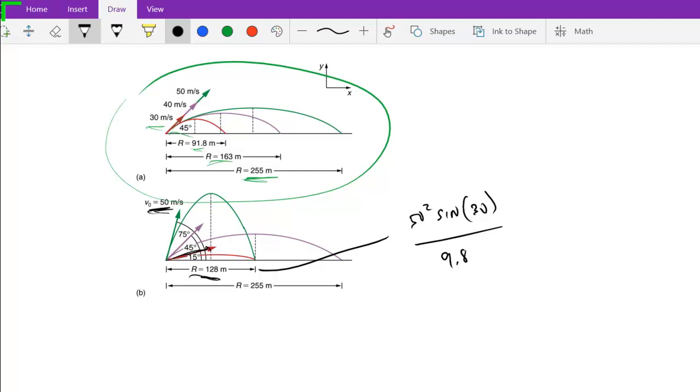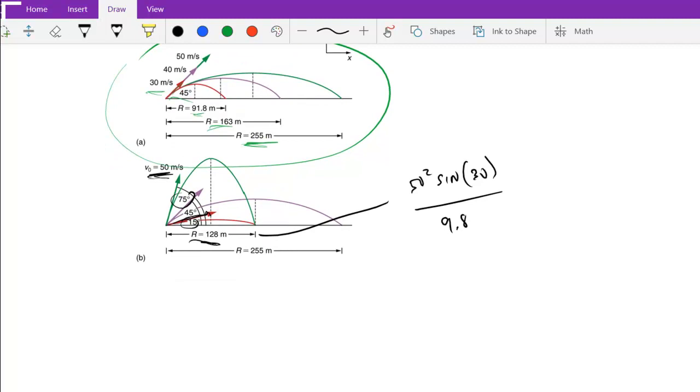Which is actually the same as 75 degrees; 75 degrees and 15 degrees give the same range, and it can be shown here. I won't go through the proof, but it can be shown that if they are equal distance from 45, then they will actually have the same delta x.